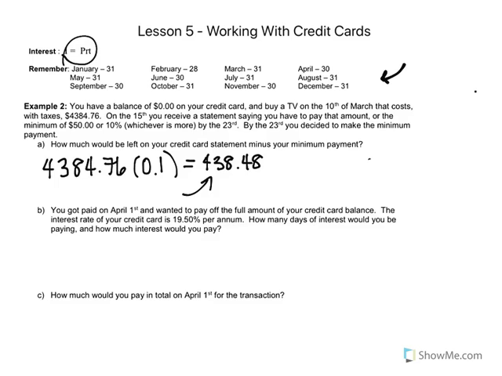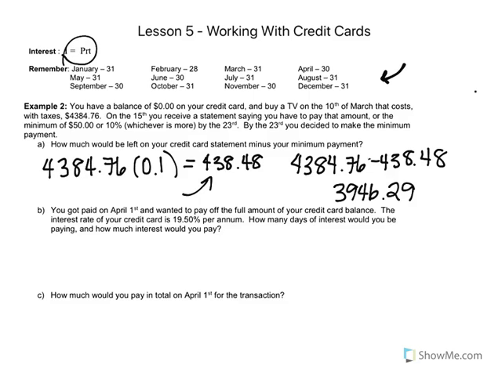So obviously you have to pay that. $50 is way less than that. So your payment's going to come off your credit card. We're going to subtract that, and then you're going to have $3,946.29 now on your account.